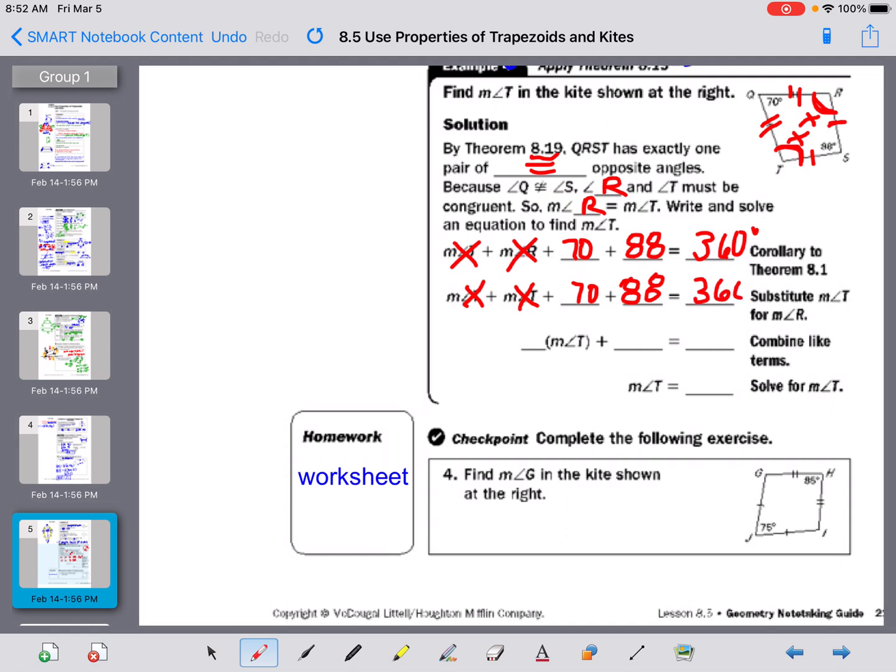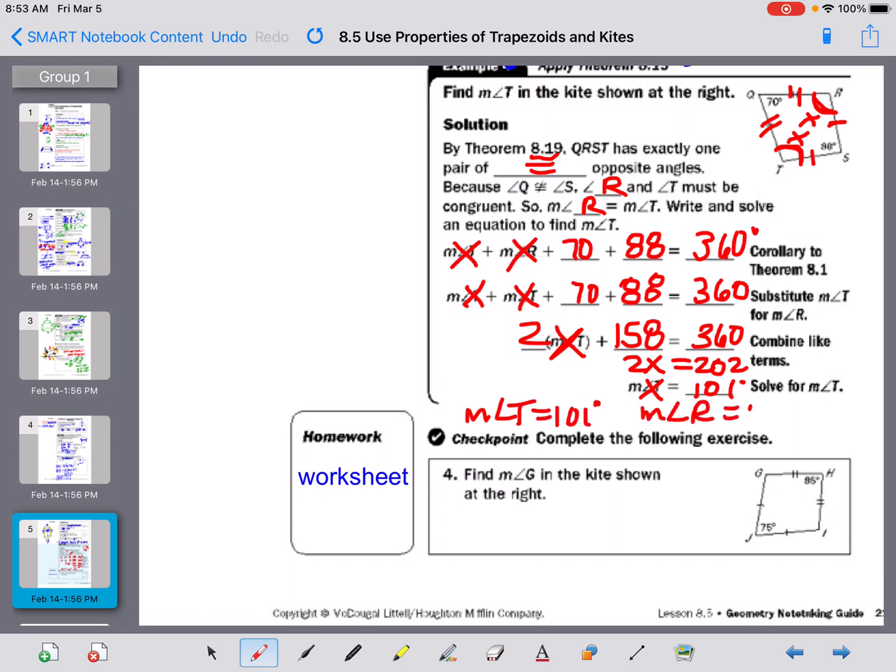X plus X is 2X. 70 plus 88 is 158. Subtract 158, and I get 2x equals 202. Divide by 2, and x equals 101, which means angle T equals 101 and angle R equals 101, okay?